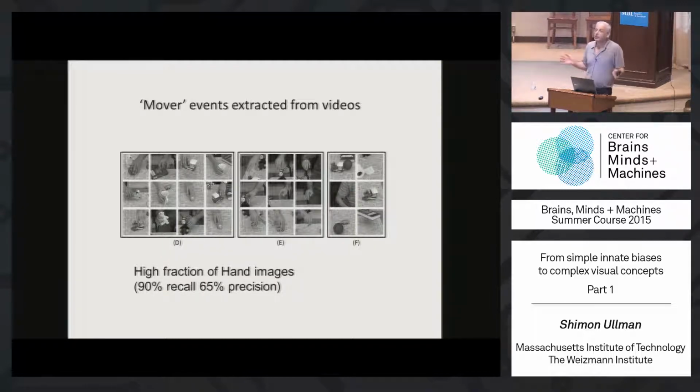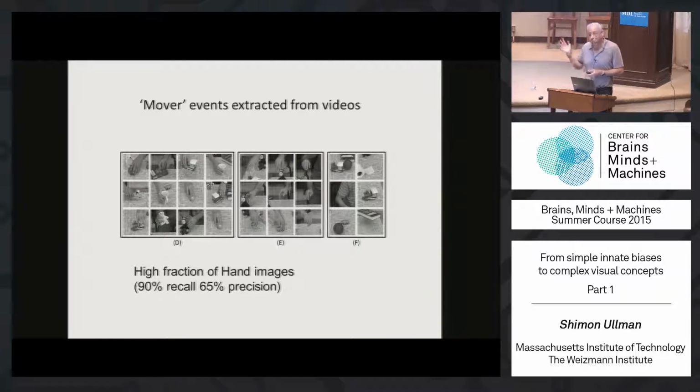So without being supplied with external supervision, here is a hand, here is a hand, here is a hand, suddenly you have a collection of 10,000 images, and most of them contain a hand. Now if you apply completely standard algorithms for object recognition, this is great for them. This is sufficient for them to learn a new object.